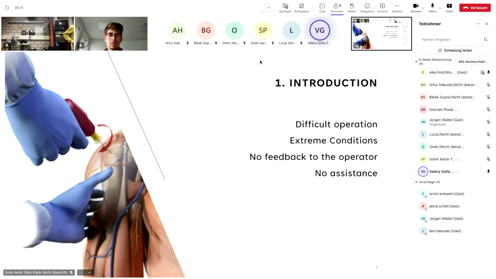This technique is employed when intravenous access is difficult or can't be quickly established, and as I mentioned before, particularly in trauma or critical care scenarios, where fluid or medication delivery is crucial for stabilizing the patient's condition and potentially saving lives. Next slide, please.